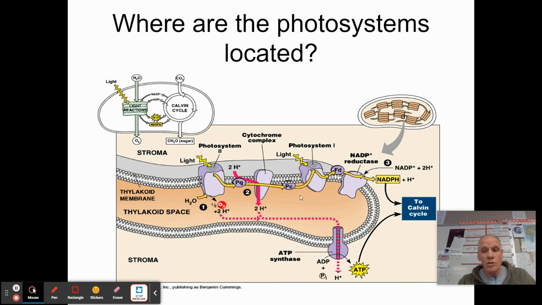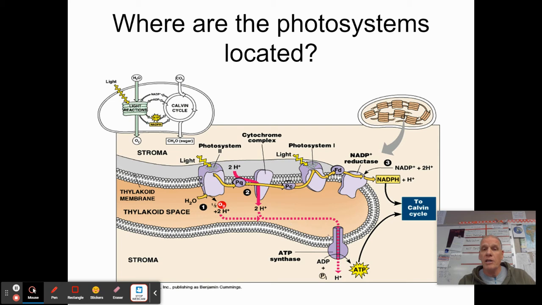And we're going to use those protons to make ATP as those protons diffuse down through another enzyme complex, a protein complex called ATP synthase. So we've used the energy of these electrons to pump protons to create a concentration gradient, and now we're going to use this concentration gradient to make ATP.